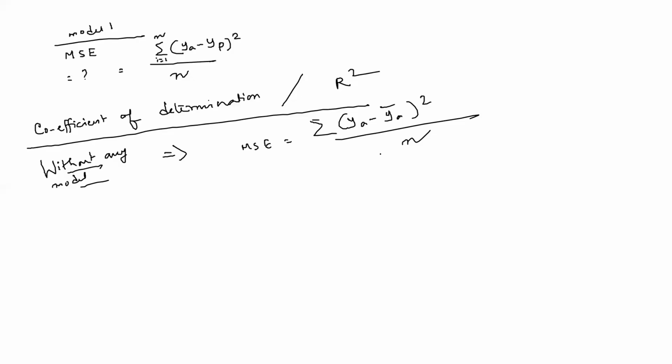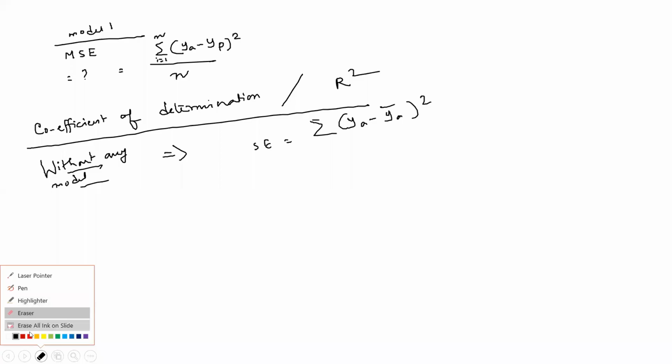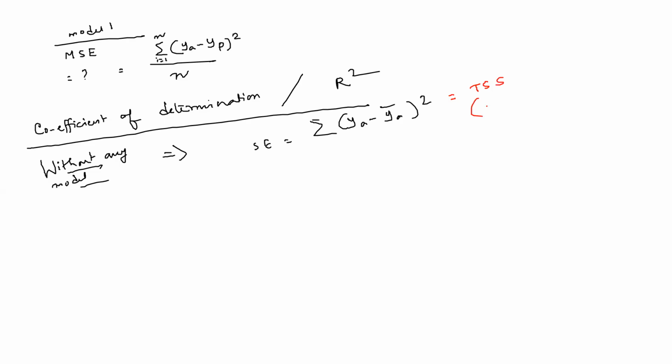If I do not do the division by n part, then this is the square error, and we call it the total sum of squares, TSS. This is the highest possible error that you can make, because even a blind person will suggest the mean as the prediction. So this is the maximum error.